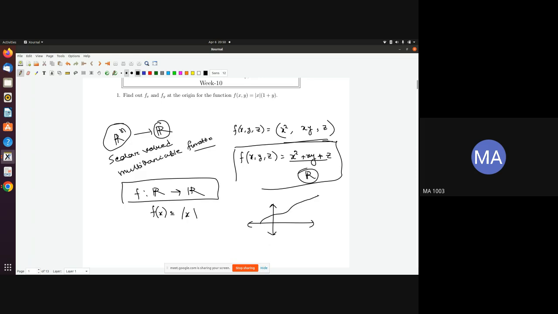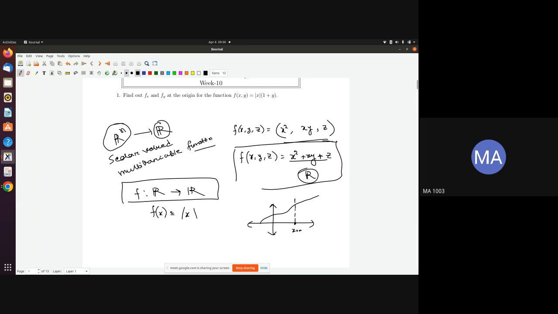Suppose this is a graph of a function, and I want to find the limit at x equal to a. We calculated the left hand limit and right hand limit. If they were equal, then we said the limit exists at x equal to a.